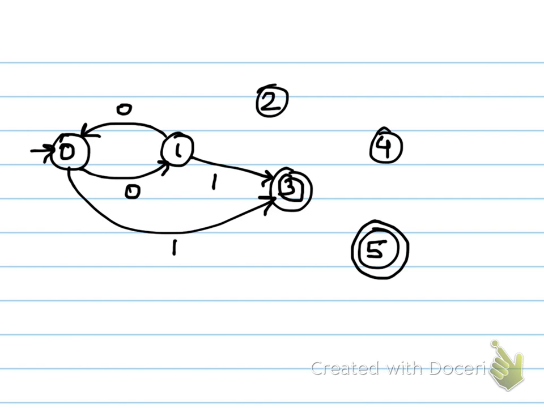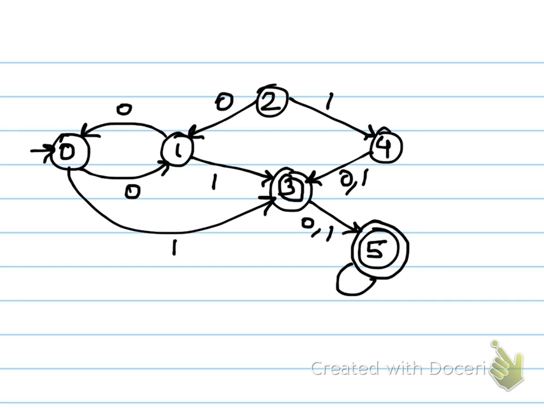And here, 2 on 0 goes to 1, and 2 on 1 goes to 4, and 4 on 0 or 1 goes to 3, and 5 on 0 and 1 goes to itself.